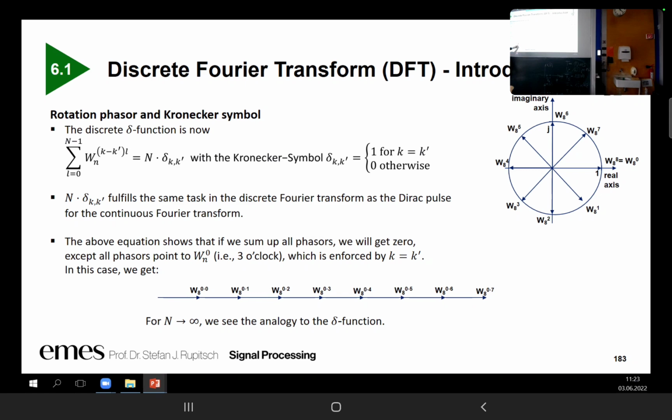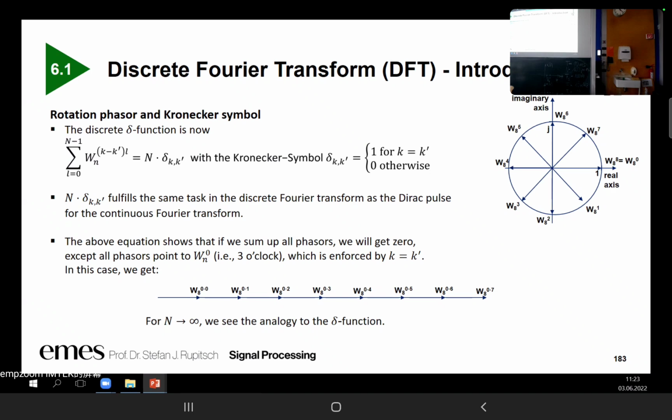And the results are numbers pointing always in the same direction. And if our rotation phasor is rotating with a different angular velocity than our signal, then the sum will cancel out and the result will be zero. You understand?